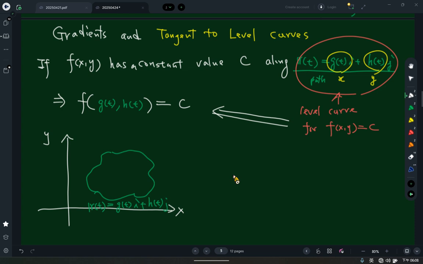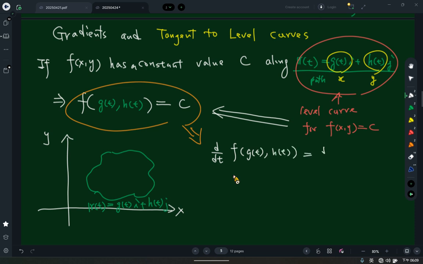Then we already have this one, right? So we try to differentiate f of g of t comma h of t equal to differentiate c. We differentiate both sides.